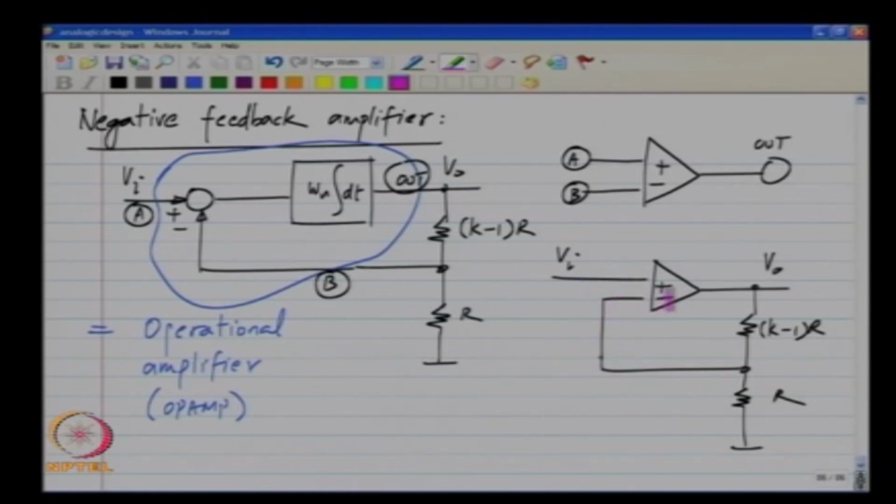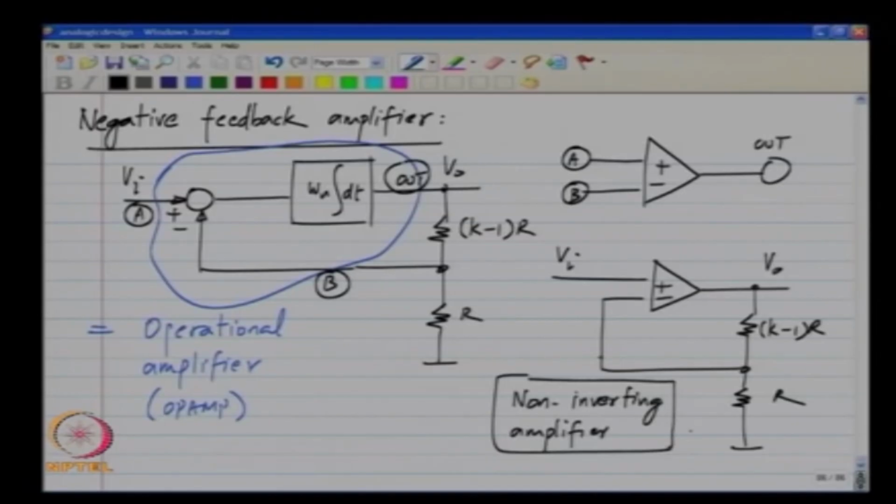The difference between these two is integrated to drive V naught, and many of you may be familiar with this circuit as the classical non-inverting amplifier. Okay.